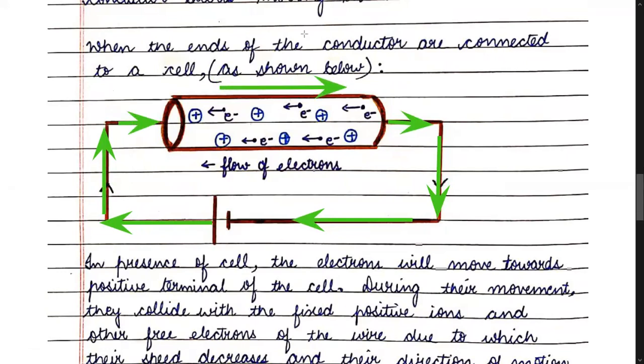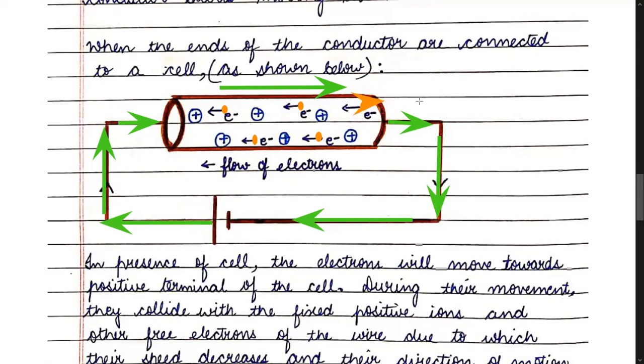Now students, as you have discussed in class 7th, opposite charges attract each other while like charges repel each other. Now see students, the electrons are negatively charged particles. What are electrons? Negatively charged particles.